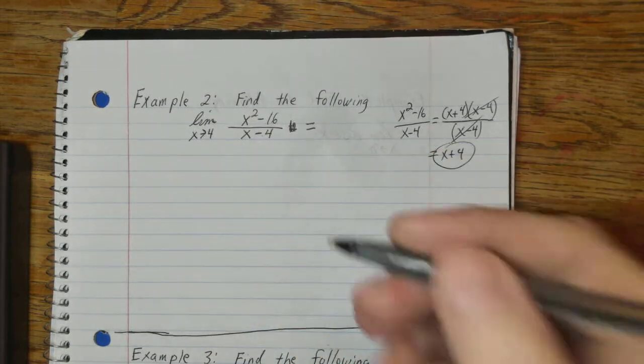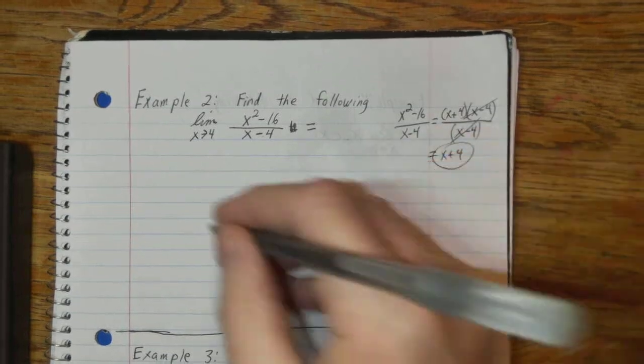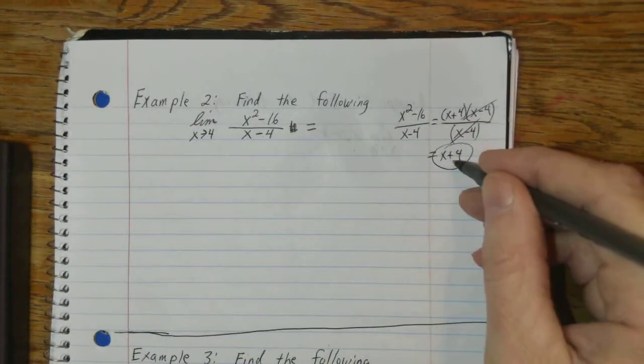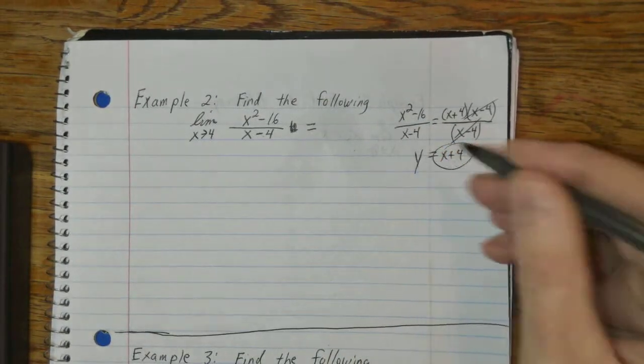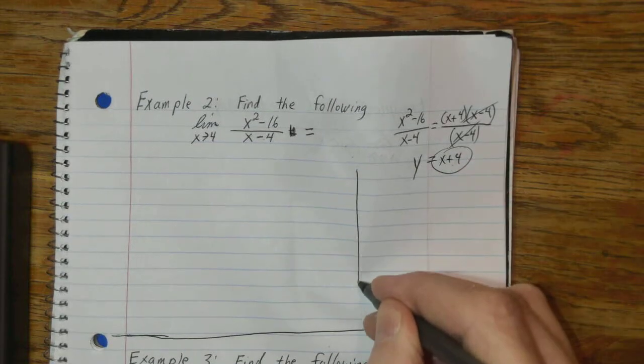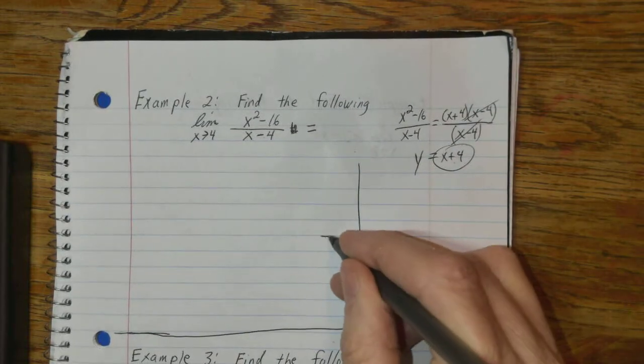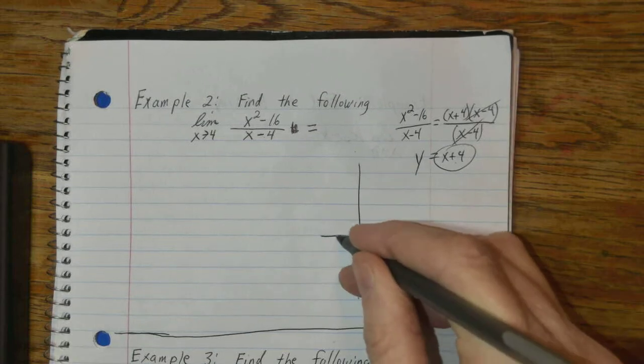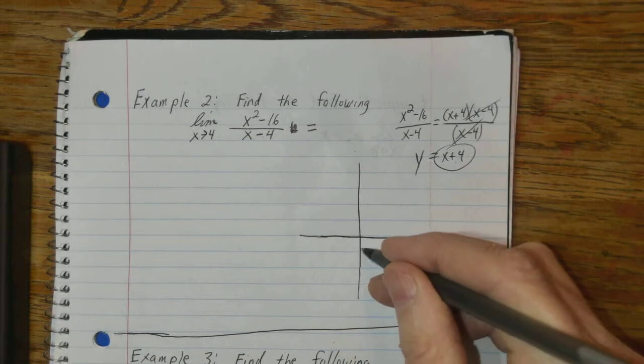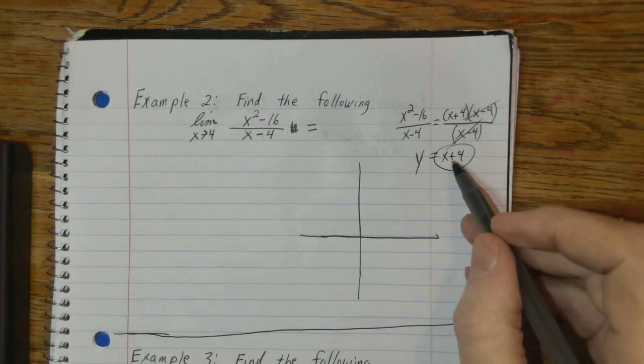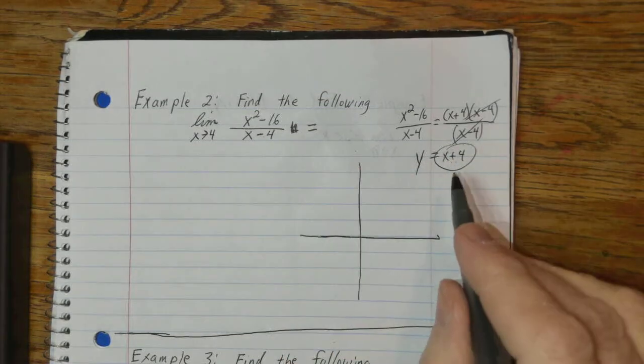So keep in mind there's a hole in this graph, if you remember having to deal with that. Basically it follows the graph y equals x plus 4 with one little exception: x can't be 4.